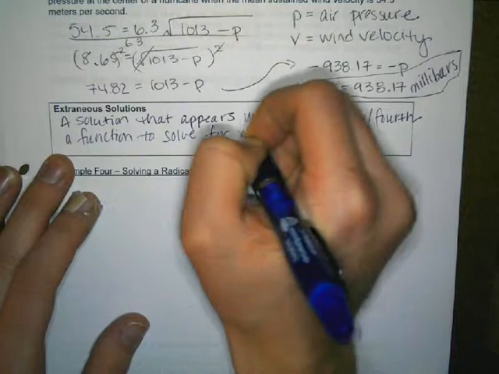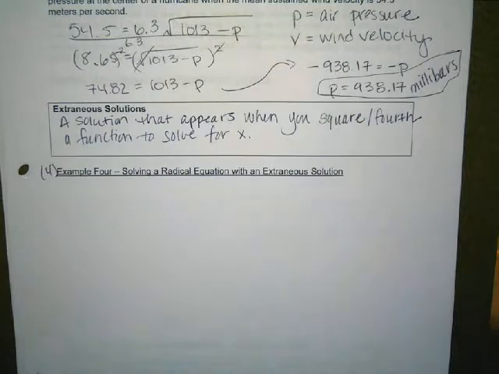What smaller word is in the word extraneous? Extra. The smaller word that's in the word extraneous is extra. What's extraneous mean? I'm explaining it.